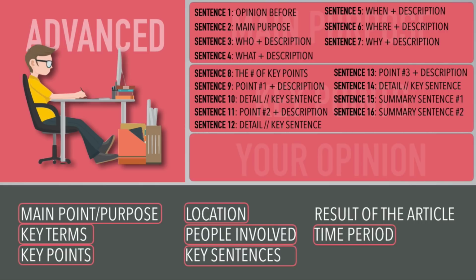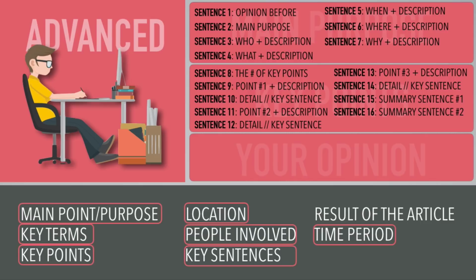Now you'll notice sentence number 10 is a little bit different. It says detail or key sentence. So what's happening is we're expanding the information on each of the points in the advanced level for the key points section. Okay? You'll see that in sentence 12 and sentence 14.